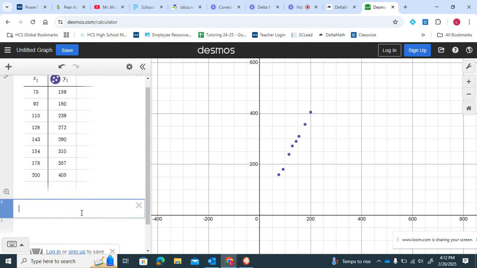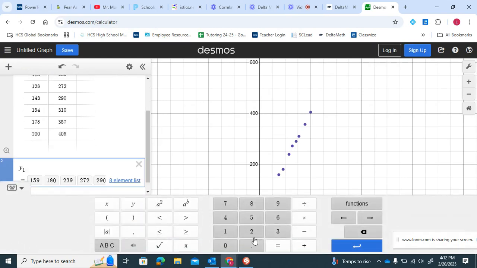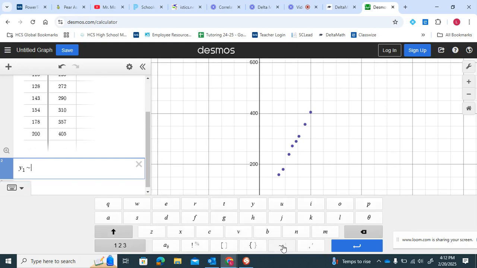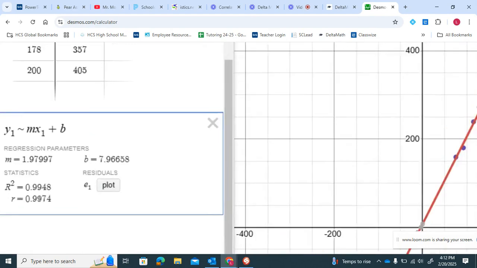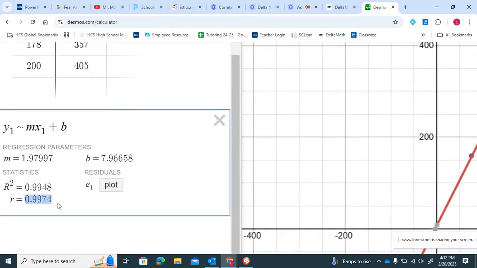Underneath my table, I do Y1. Again, I could bring up the keyboard if I need to. Hit ABC, little squiggly line, M, X. Again, you just click 1 and it appears. Plus B. Okay, and you can see the R value is 0.9974.